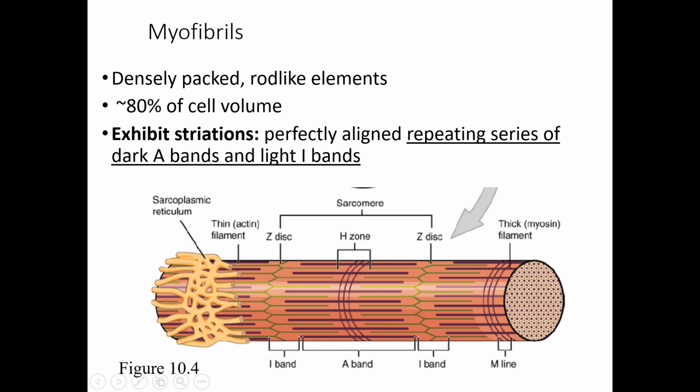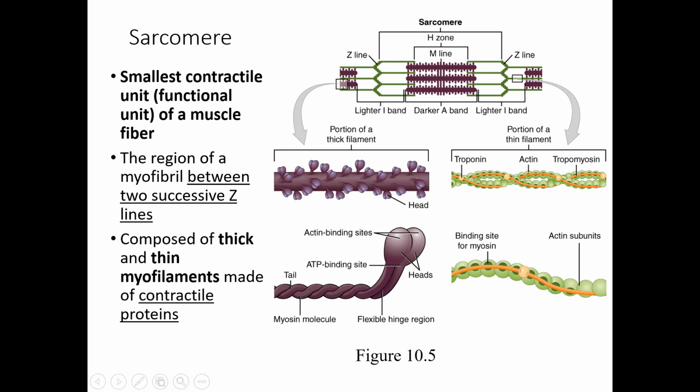Each myofibril, one of those cylinders inside of the muscle fiber, is a densely packed rod-like element. All myofibrils make approximately 80% of the cell volume, and if you look at them under the microscope, you will see striations, darker A bands and lighter I bands.